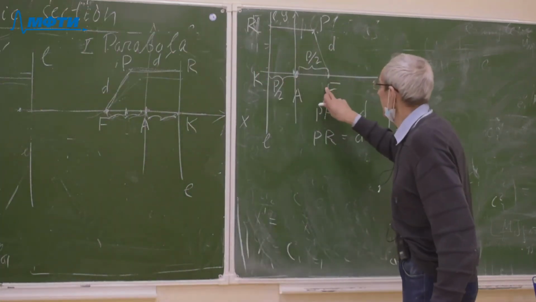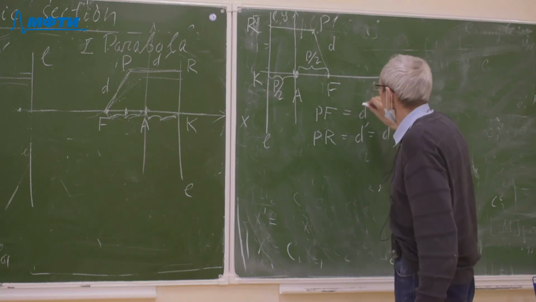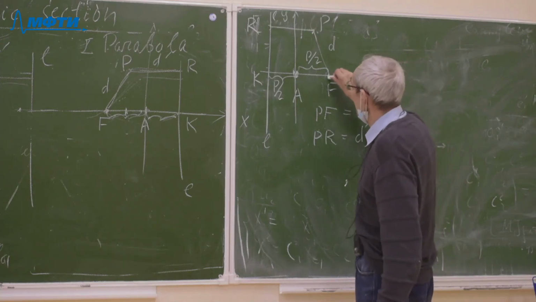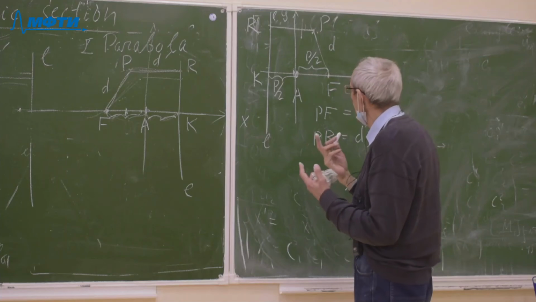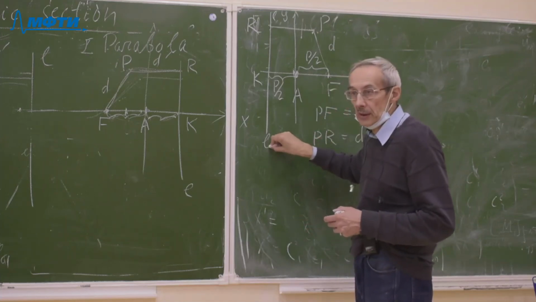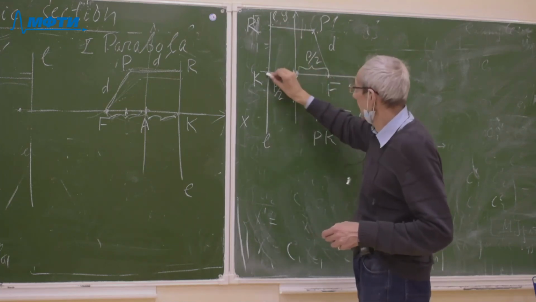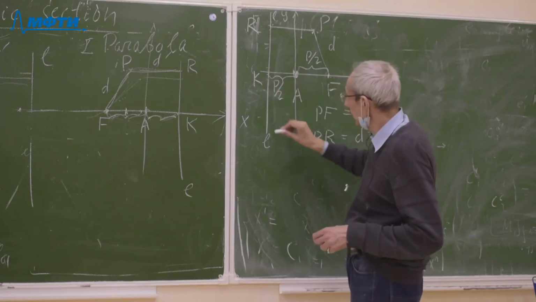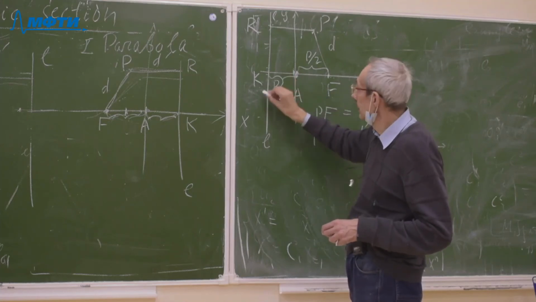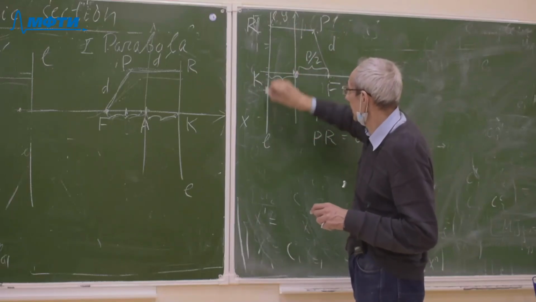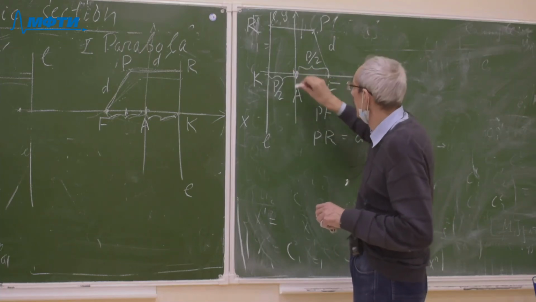A is the middle of the segment K and F. K is the point of intersection of the straight line which passes from F orthogonal to our straight line A. We have a fixed point F and a fixed straight line A. Also, we have a perpendicular which passes from F orthogonal to A, and the intersection of this perpendicular with our fixed straight line is the point K. And we have K, F, and straight line A, with A in the middle of the segment KF.